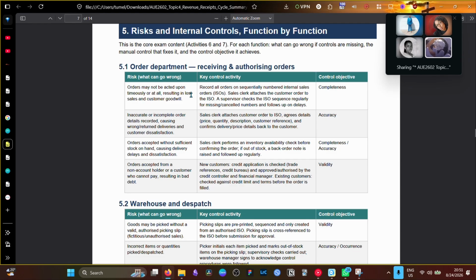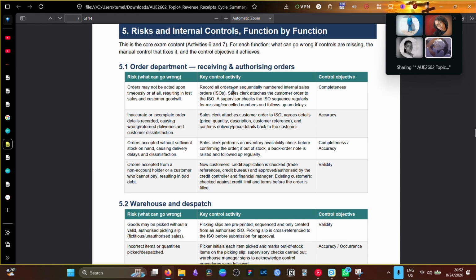Record all orders on sequentially numbered internal sales orders. So what they're saying here is write the exact detail of that order down. I think the best example to give is a barcode. You see the barcode sometimes has long numbers. You write that exact number.